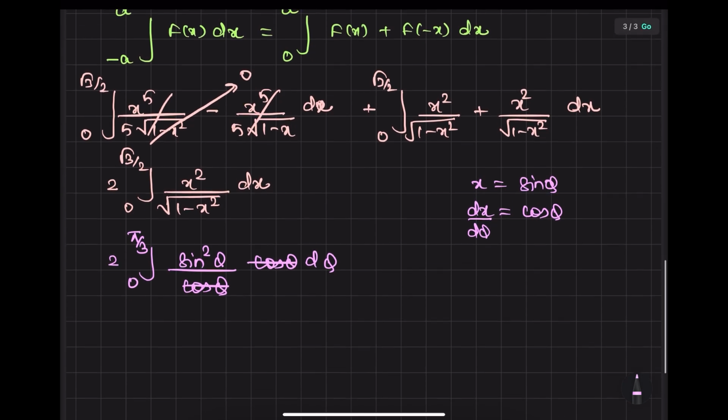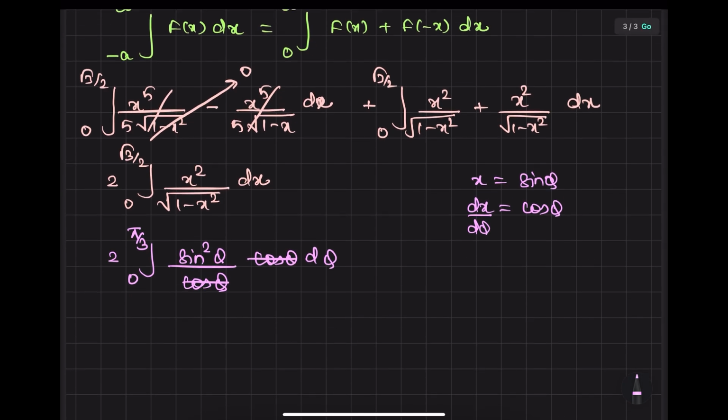So this thing is gone. We are left with 2 sine square theta. You know that we cannot integrate 2 sine square theta directly, so we will break down the power. We will be writing 1 minus cos 2 theta d theta.